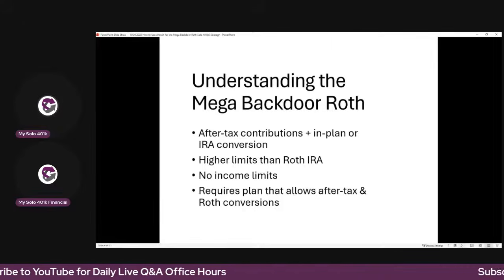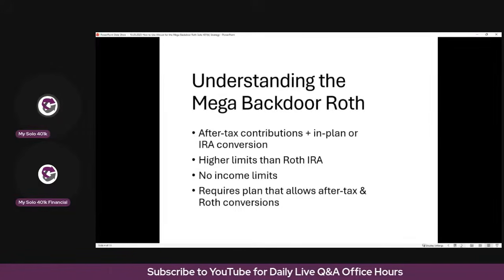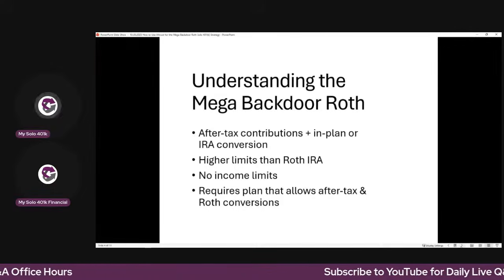So before we get into the details of using Altruist for the mega backdoor Roth solo 401k strategy, let's first lay the foundation in our understanding of what the mega backdoor Roth is. So, mega backdoor Roth refers to a strategy to make contributions to a solo 401k. So, this is different from making backdoor Roth IRA contributions.